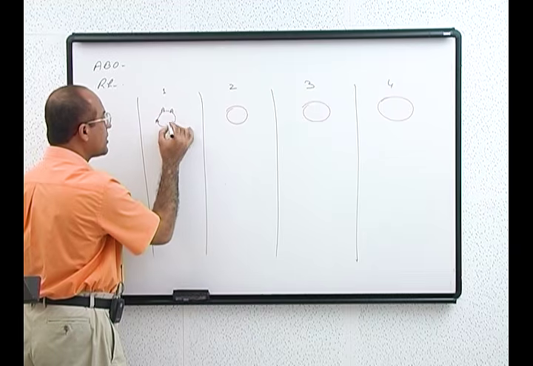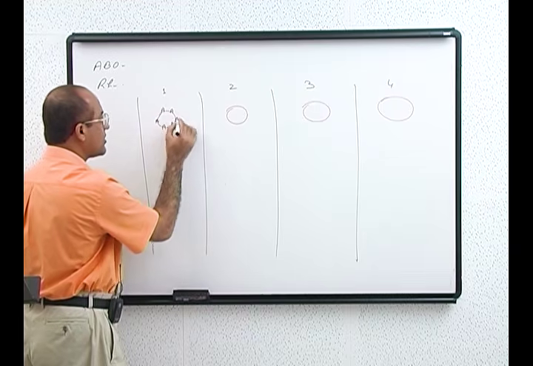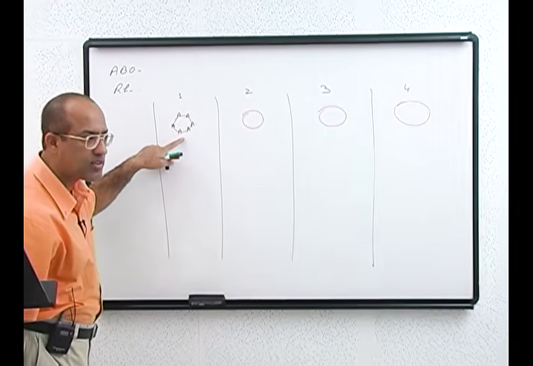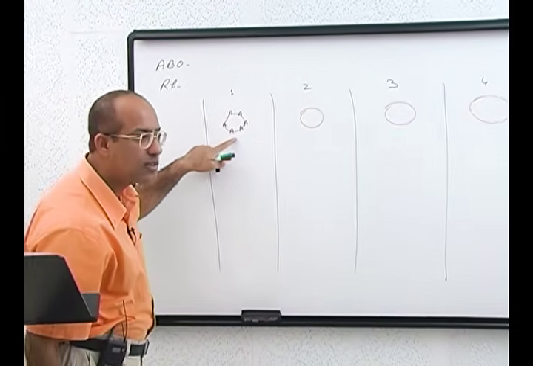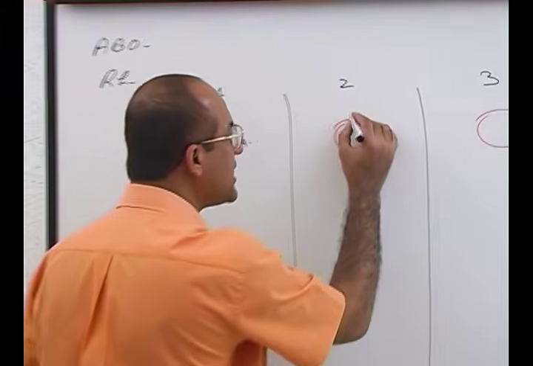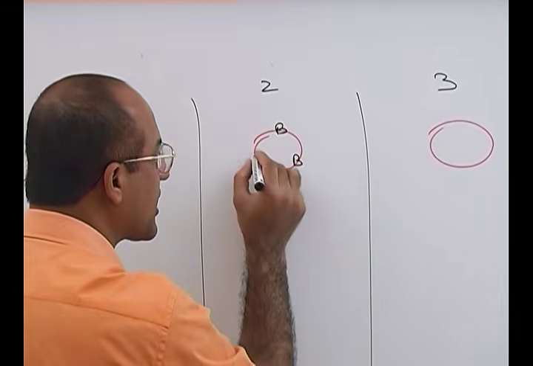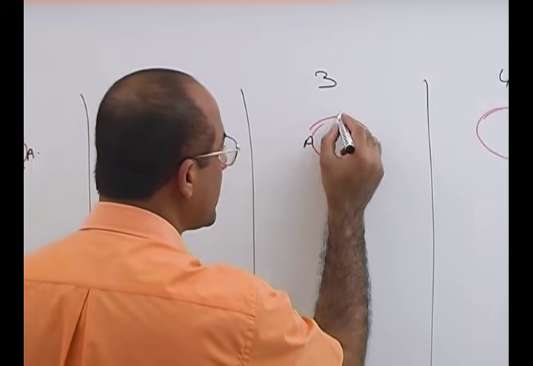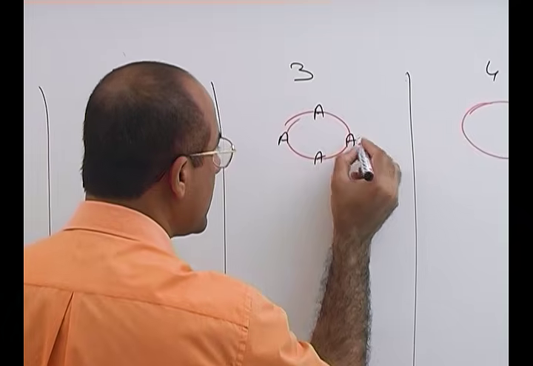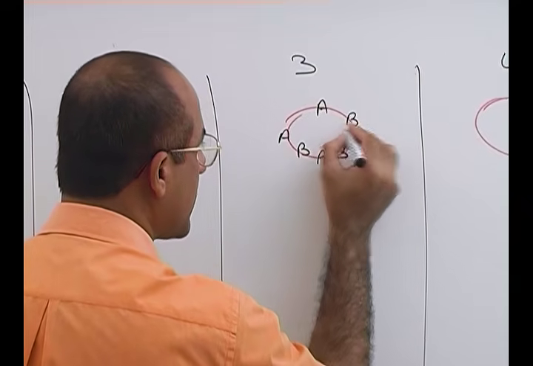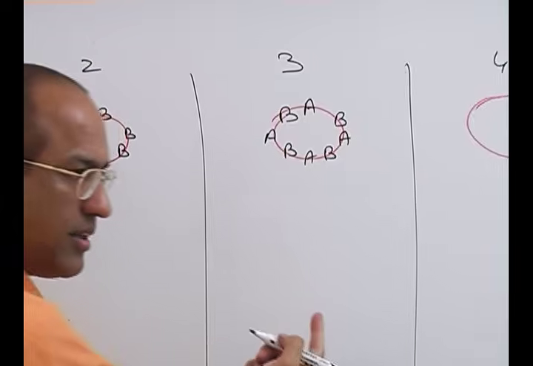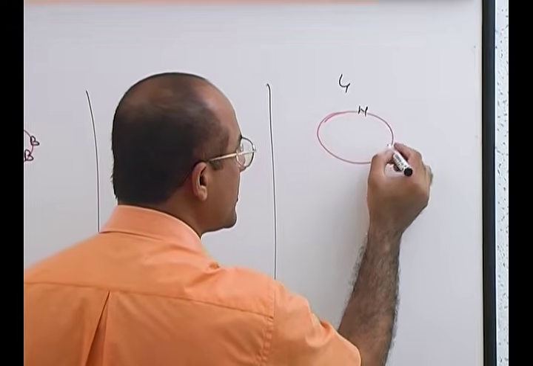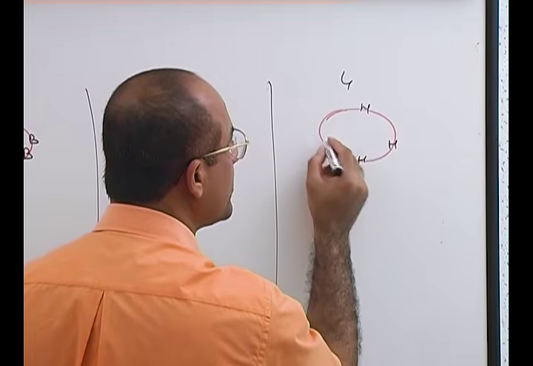Is that right? The persons who express A antigens on their RBCs are called blood group A. It's so easy. And people who express B antigens on their RBC surface are called blood group B. Some people are expressing both antigens, so they are called blood group AB. And some of them don't express either, they simply express an H antigen. Actually, H can be modified into A and B.